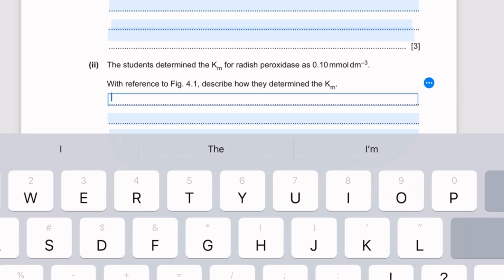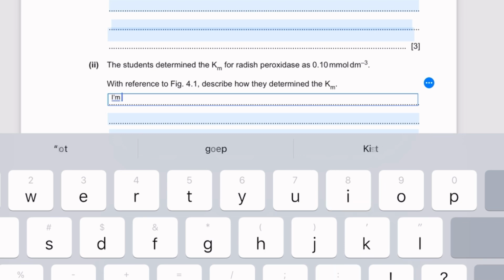The Km, or the Michaelis-Menten constant, is the substrate concentration at which the enzyme reaches half its Vmax. So Km is the value of substrate concentration at which the enzyme reaches half its Vmax, or maximum velocity.